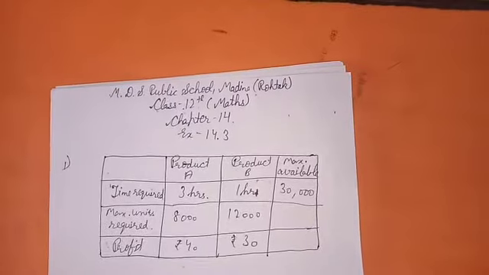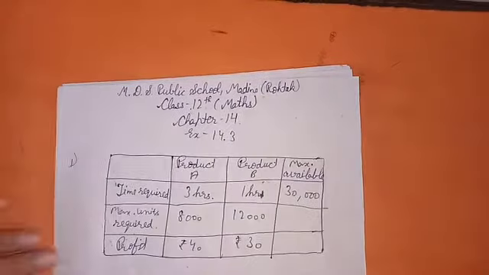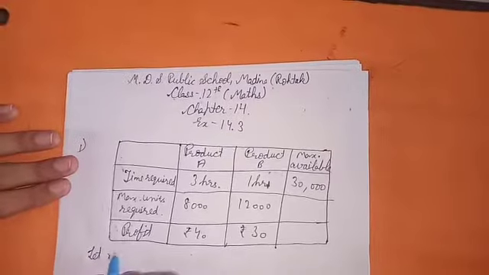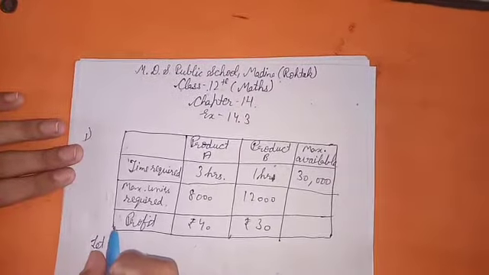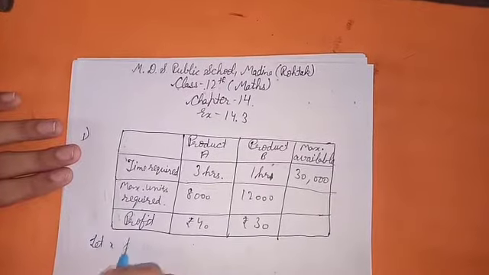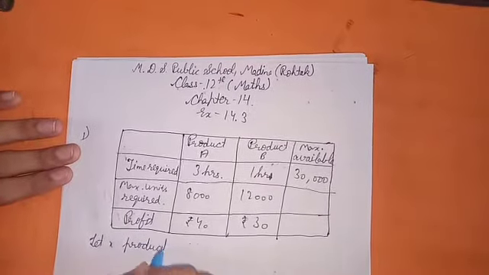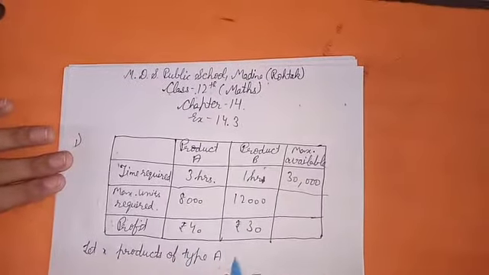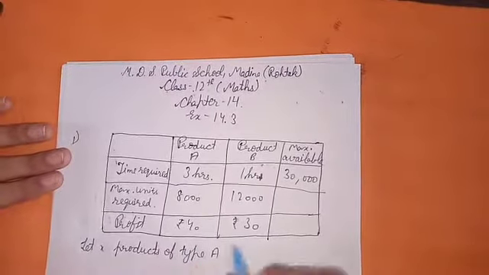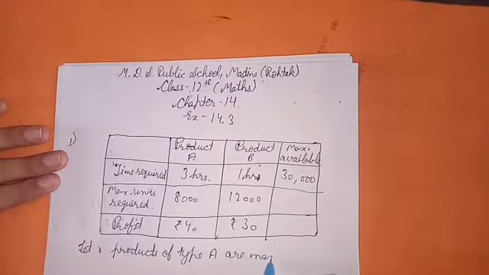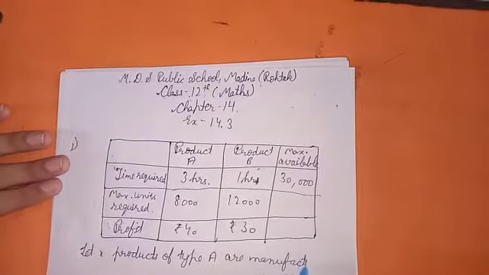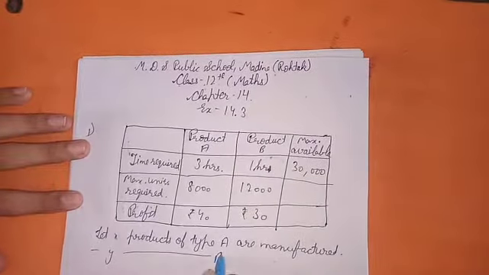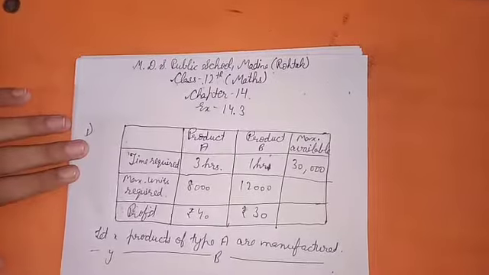So first of all, what we will assume: let x products of type A are manufactured, and let y of type B.